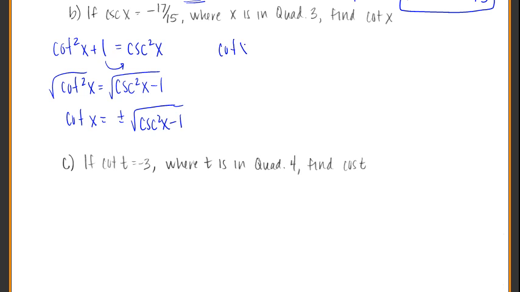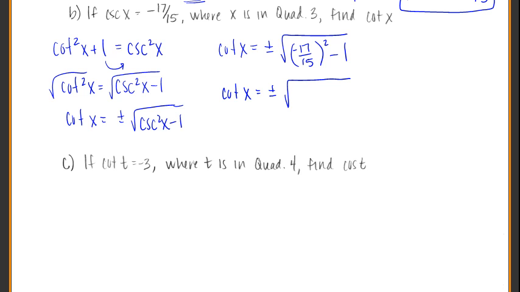So cotangent x is equal to plus or minus the square root of my cosecant x value, which is negative 17 over 15, squared, minus 1. Negative 17 squared is 289, 15 squared is 225, minus 1.